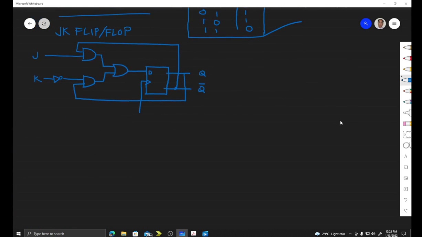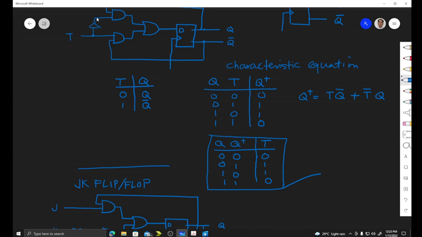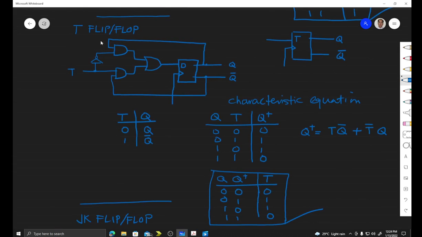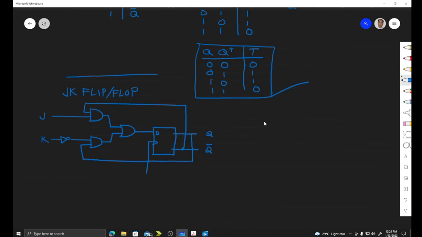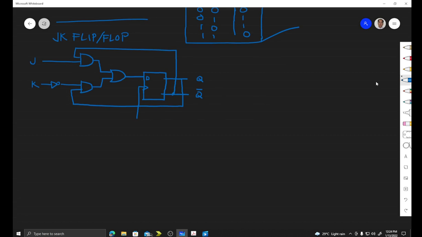Let's move now to the JK flip-flop. For the JK flip-flop, we again modify this circuit so that we interconnect it: instead of connecting this one to Q, we connect it with its complement. Then we arrive at this circuit for the JK flip-flop.